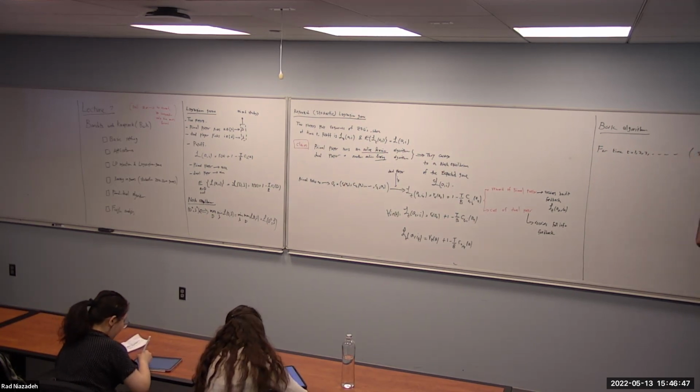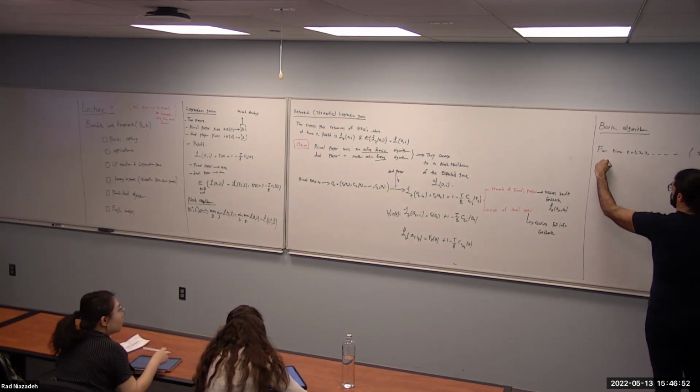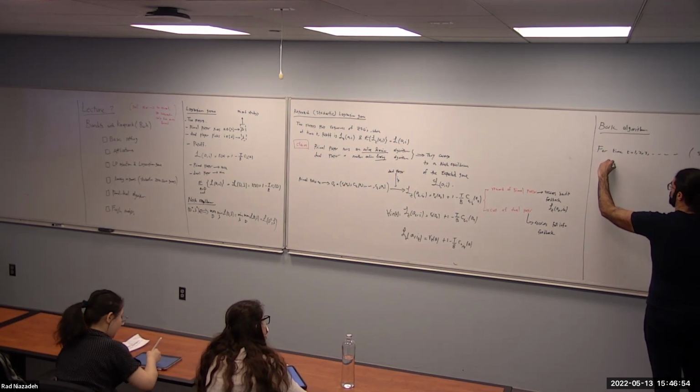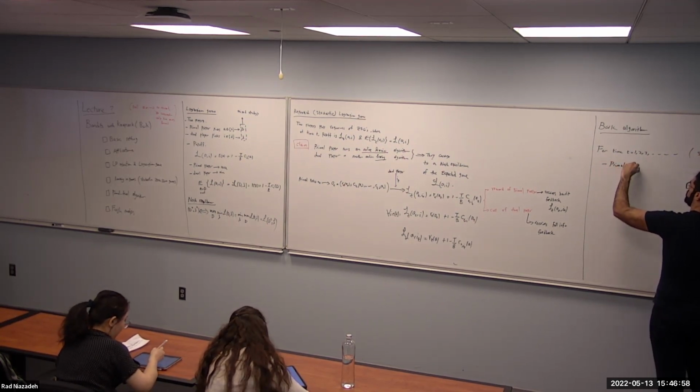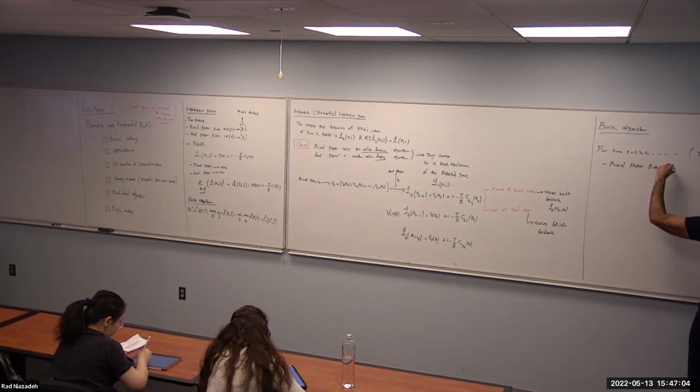Either you run out of time or you run out of one of these resources. The primal player goes first in some sense. It picks arm a_t.